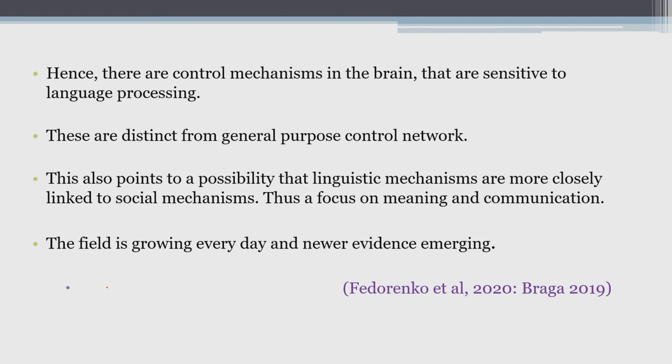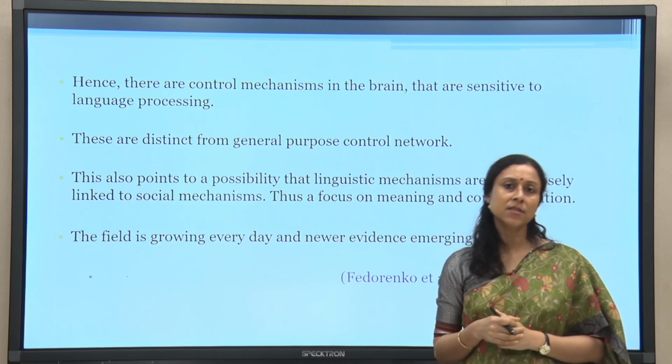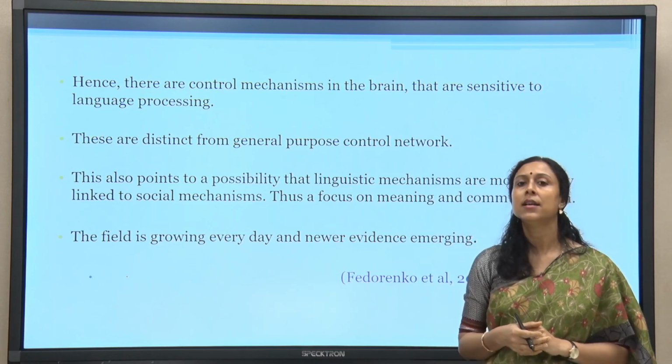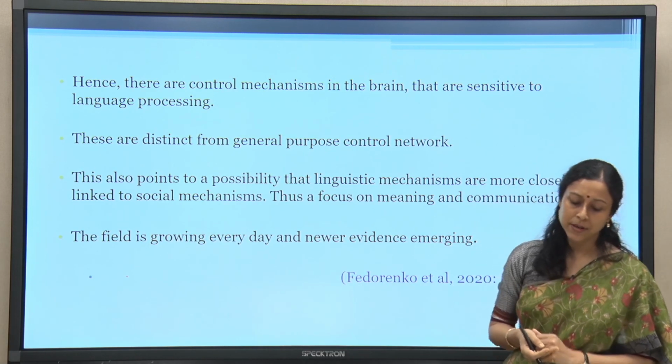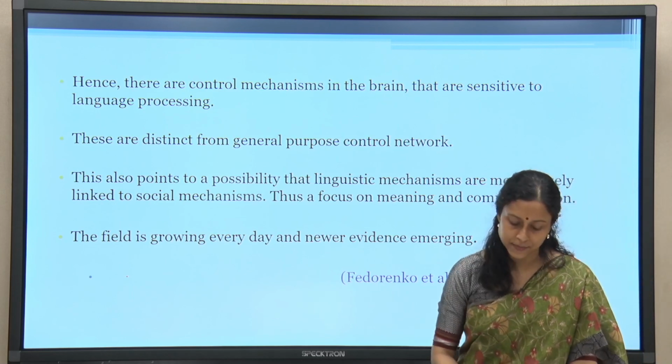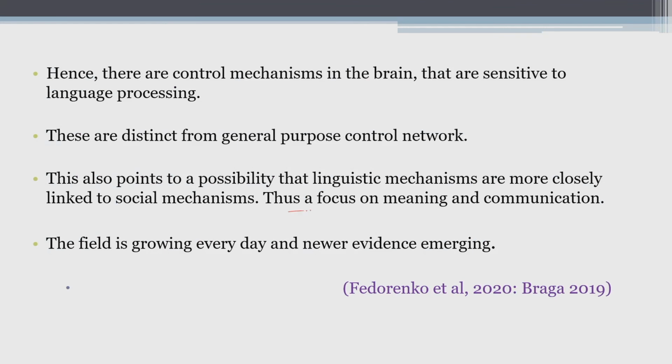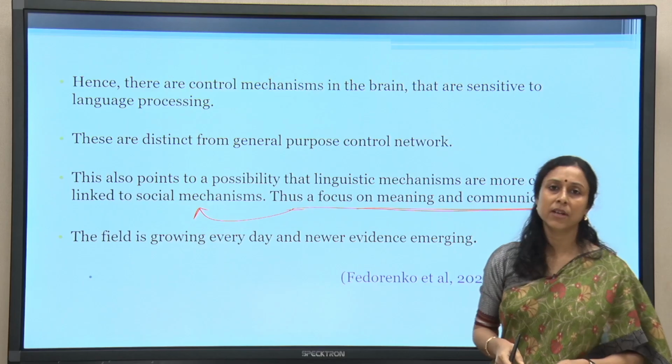This is a claim that Fedorenko and her group have made, that the reason we have a distinct network and the way the control mechanism spells out is probably because language is more connected to social mechanisms, and thus we have to give more focus to meaning and communication. In fact, that is what most of her tasks also do. So, meaning and communication are the core of language mechanisms, and that is why it is also connected to the social mechanism. This field is growing every day, and newer evidence is emerging.